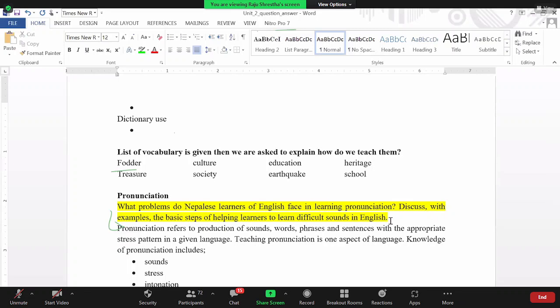Okay, so for this question we can start with a brief introduction, like pronunciation refers to production of sounds, words, phrases, and sentences with appropriate stress pattern in a given language. This is what pronunciation is, especially related to production of sounds.